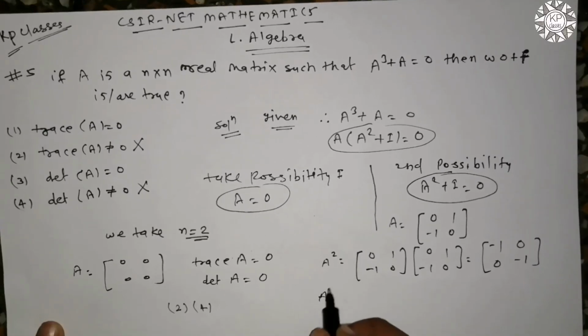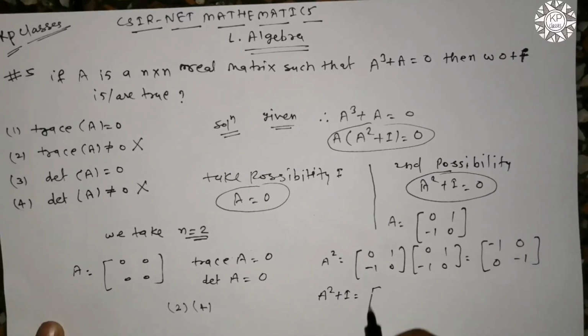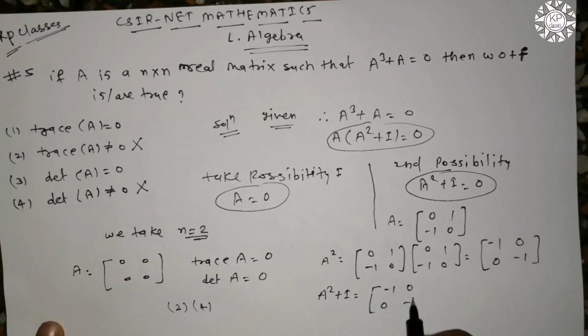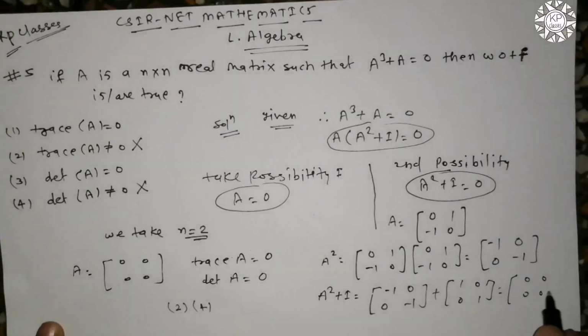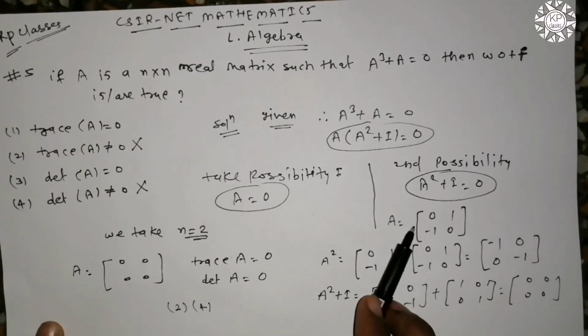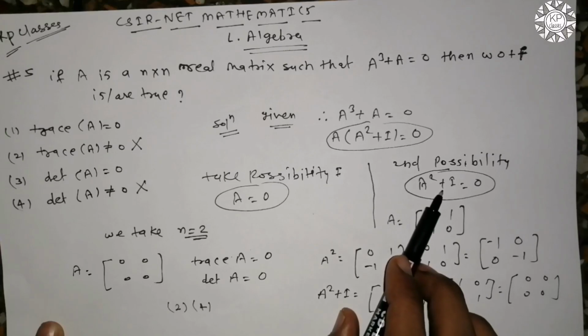And A square plus identity equals minus 1 plus 1, 0, 0, minus 1 plus 1, which equals the 0 matrix.